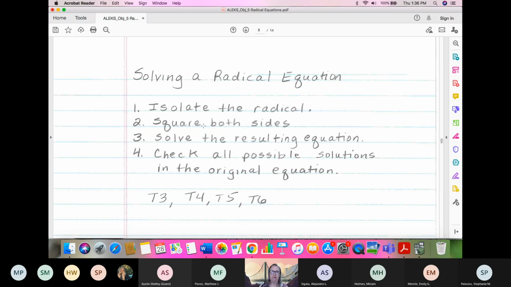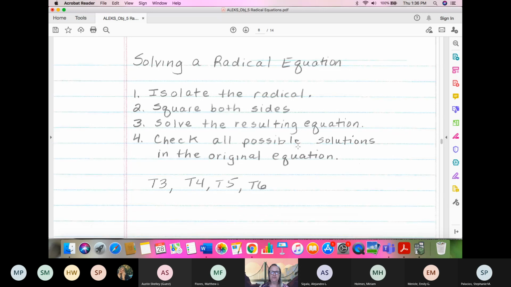That is, we square both sides. We solve the resulting equation. And then we check all possible solutions in the original equation. Sometimes squaring both sides will introduce what we call an extraneous solution, which is not an actual solution. So it's important that you check all possible solutions in the original equation.